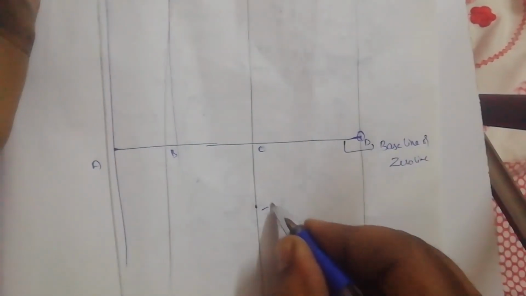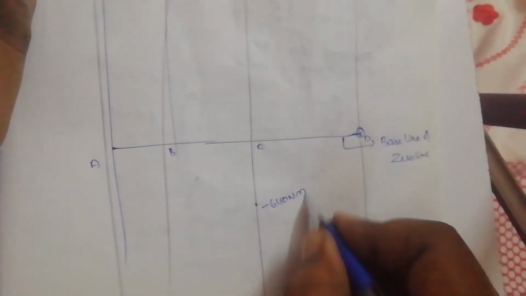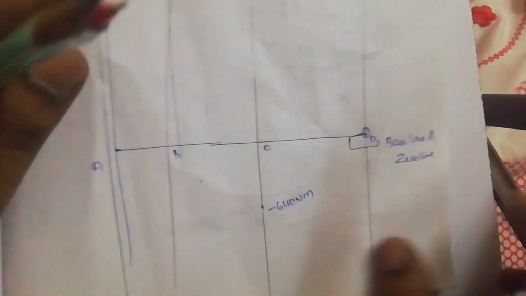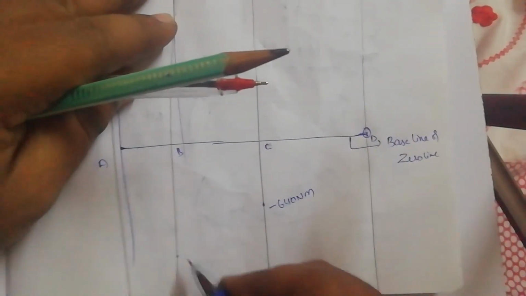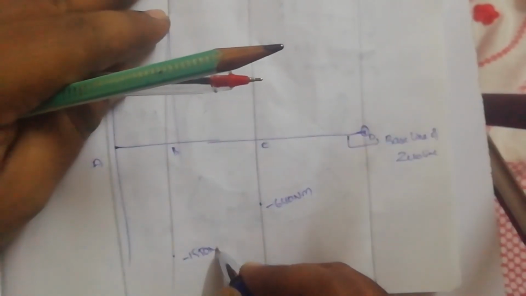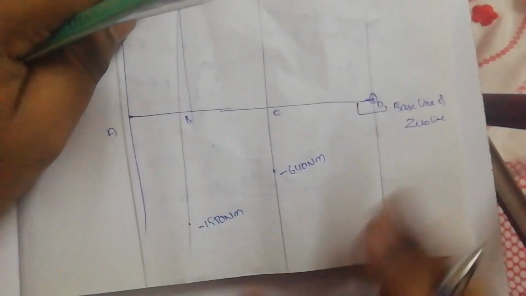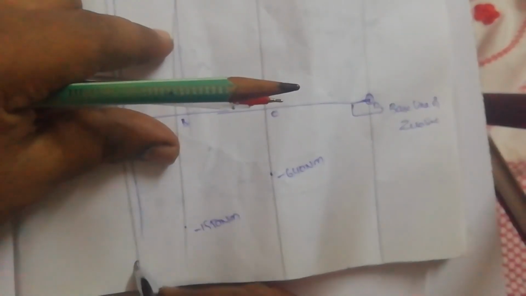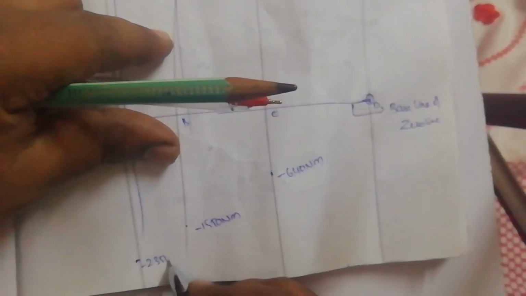So this is minus 640 Newton meters. Next, the bending moment at point B is minus 1550 Newton meters. At point A we have the value of minus 2350 Newton meters.